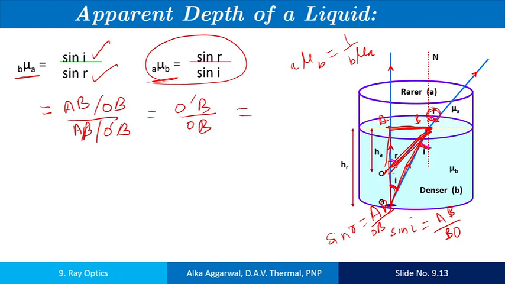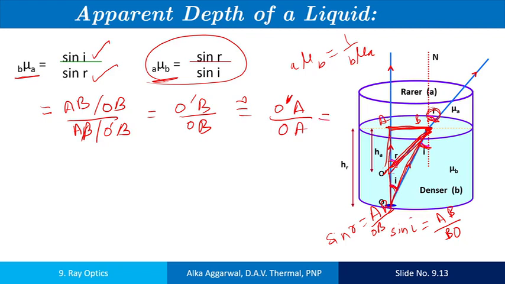O dash B is approximately equal to O dash A, as the angles of incidence I and R are very small. And OB is taken as OA.